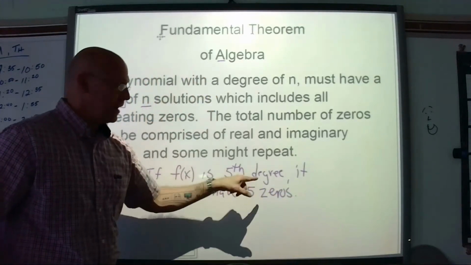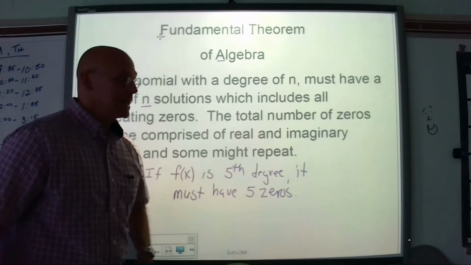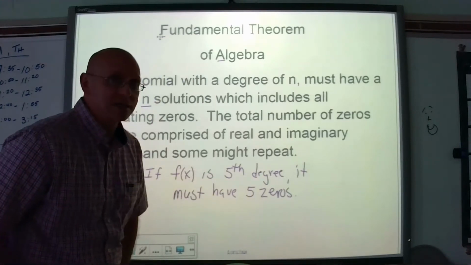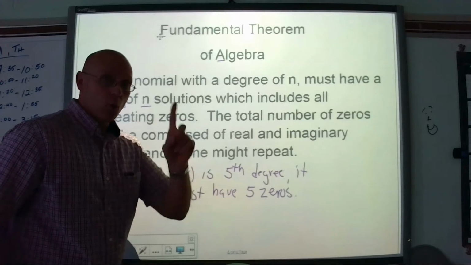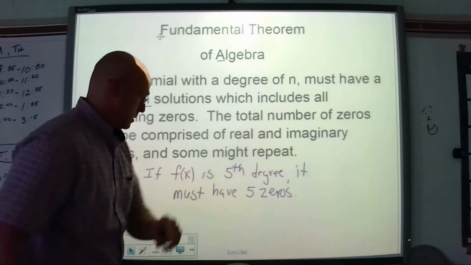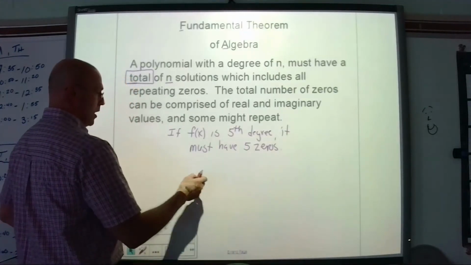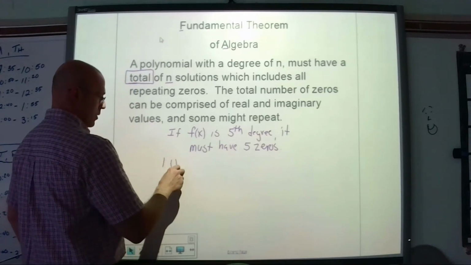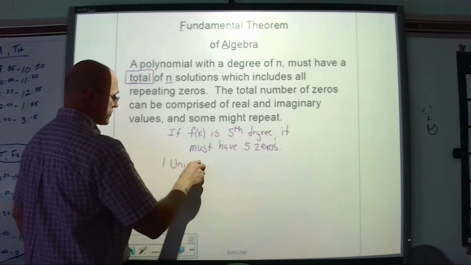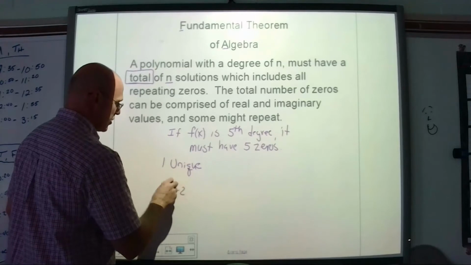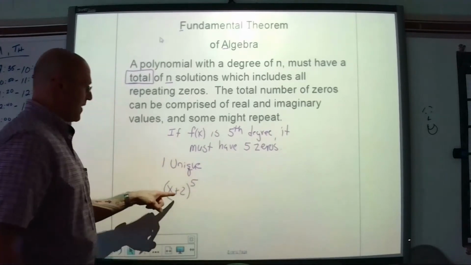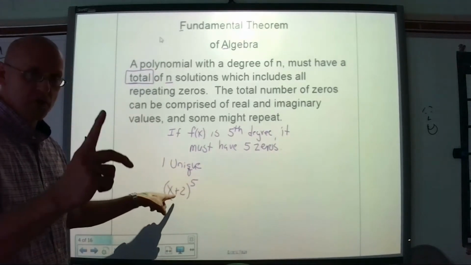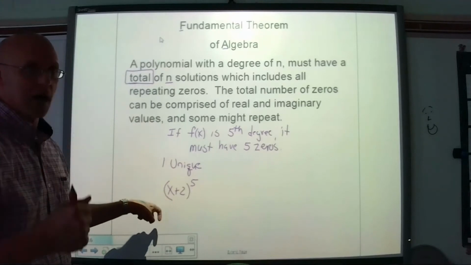Has to have 5 total zeros. It doesn't mean it has 5 unique zeros. It could have 1 unique 0. Still has 5. Here, x plus 2 to the 5th. That has 5 zeros, but it's just 1 unique. X equals negative 2 5 times.